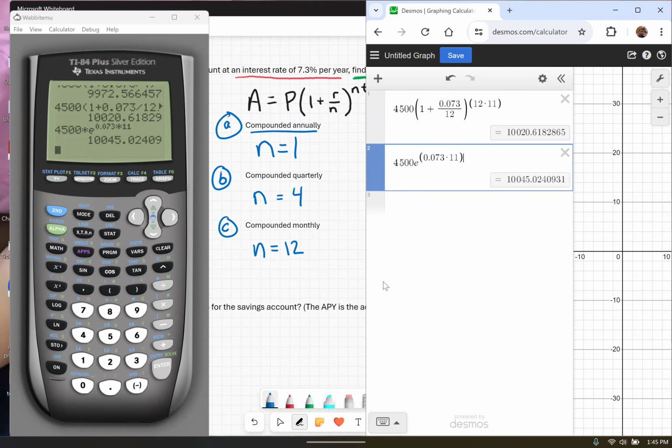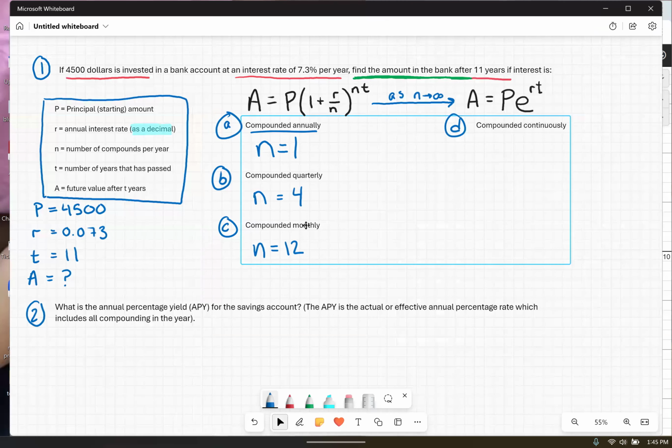And there's our $10,045.02. If we round to the nearest penny, that would be 2 cents. Okay, so you've seen it done two ways, once on the graphing calculator, once on Desmos. So we just did four problems. Each one we did twice, once on Desmos, once on the graphing calculator.